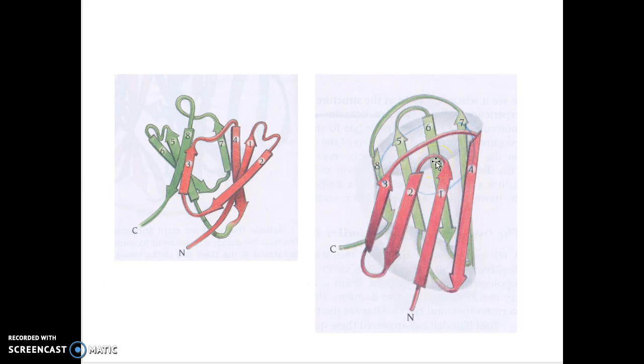That will give you this kind of beautiful structure. Okay, two Greek key motif barrel structure.